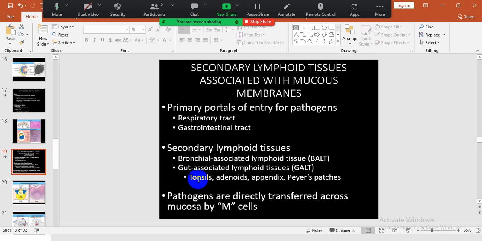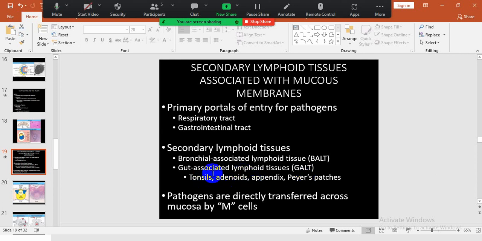And we have tonsils there, adenoids there, appendix is also there, Peyer's patches is also there. They have a collection of lymph nodes, and the lymph nodes contain white blood cells and B cells for antibody production and for cytotoxic T cell or effector T cell production to fight organisms.